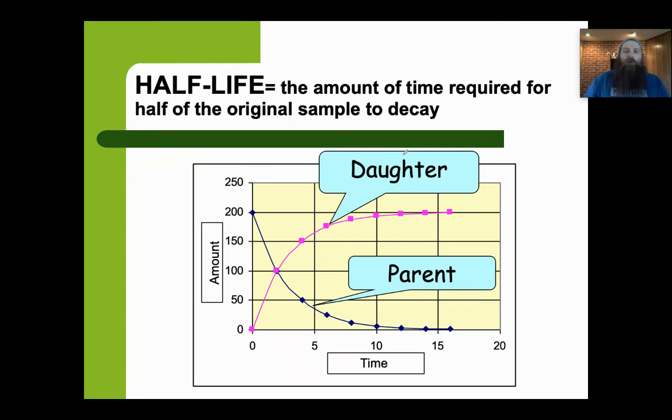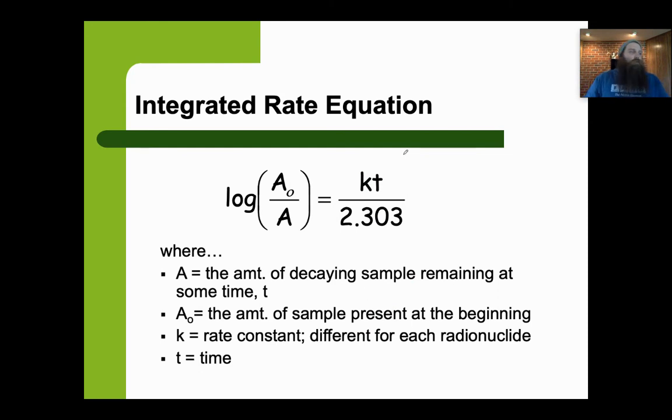We are, however, in Chem Honors, so we're going to see a little bit more complicated set of problems, and I'm going to show you the integrated rate equation. Now, you want to know these variables down here. If you can't pull them out of the word problem, then you can't solve the equation.